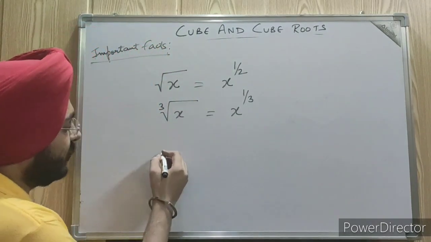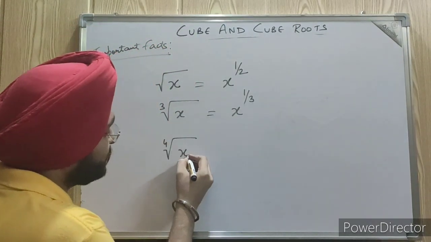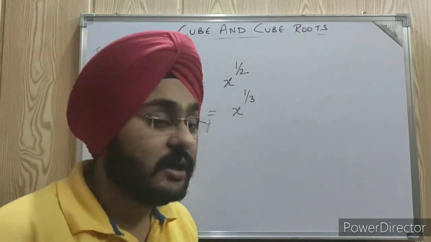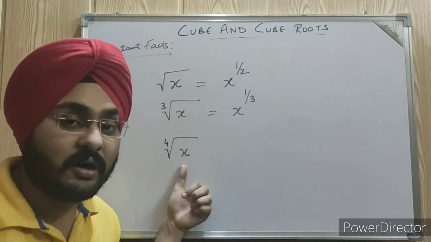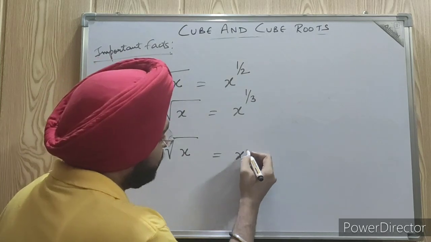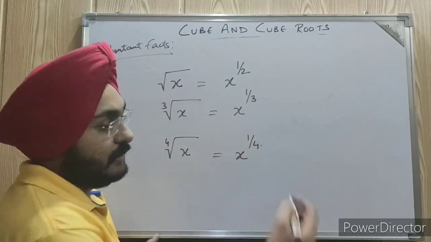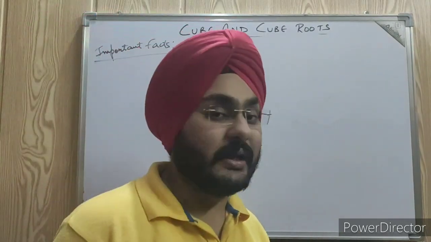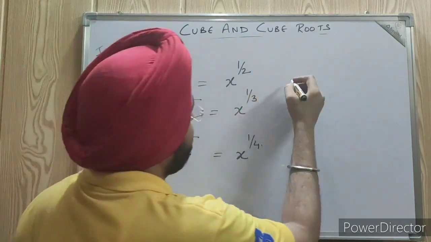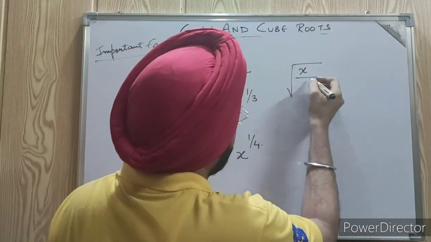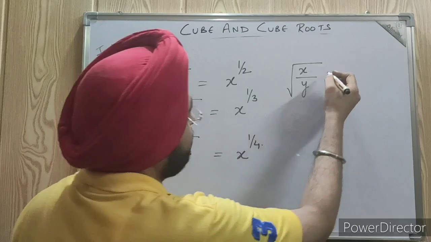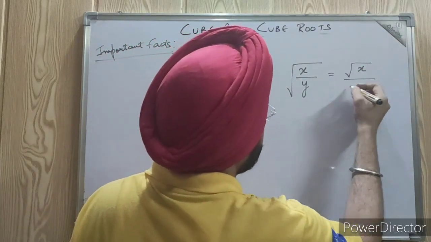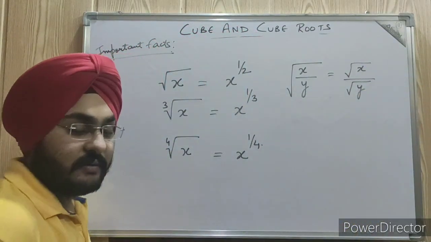Okay, if I take here the fourth root of x, I am pronouncing it as the fourth root of x. This will be equal to what? x raised to the power 1 by 4 here. So I hope this will be clear. Okay, one more thing here. If I write in this way, square root of x by y, I can also write in this way, square root of x by square root of y.